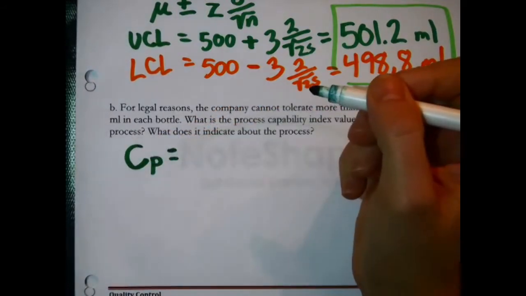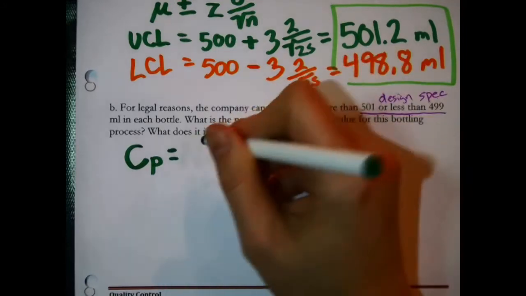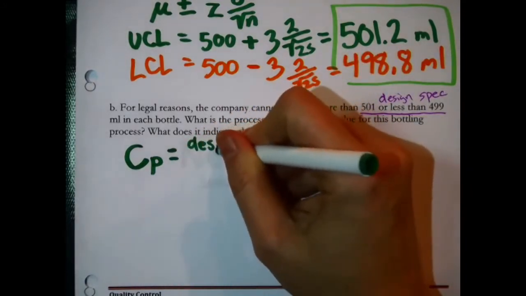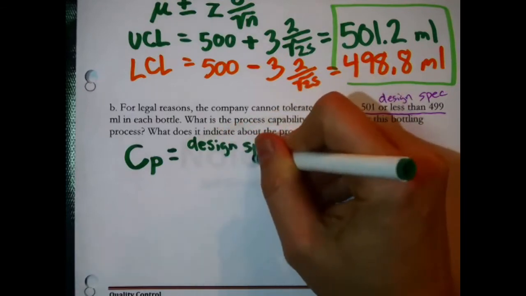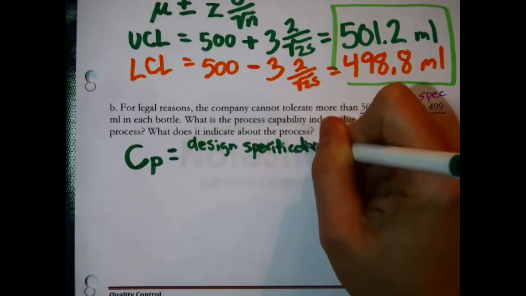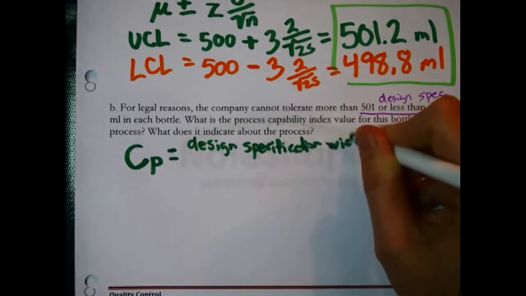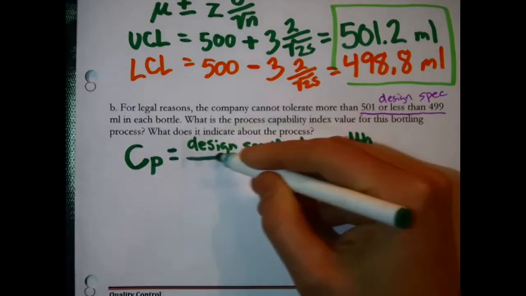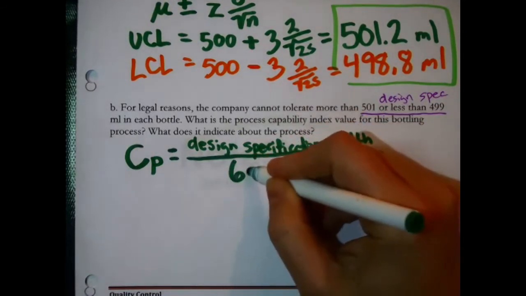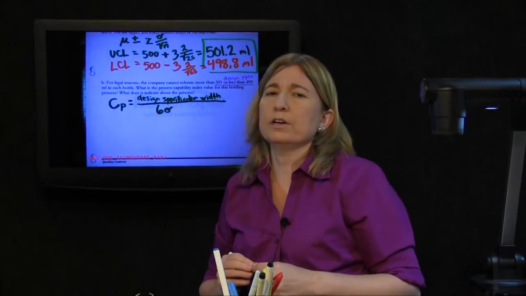What is it? Well, it's actually pretty simple. It's a ratio. In the numerator is the design specification width. And what's in the denominator? Essentially 6 times whatever we were told the standard deviation was.